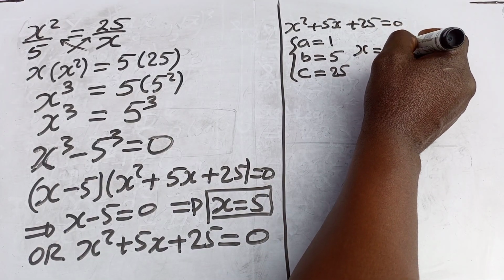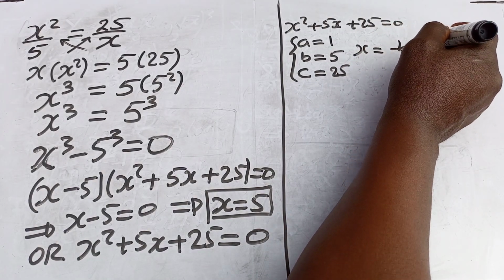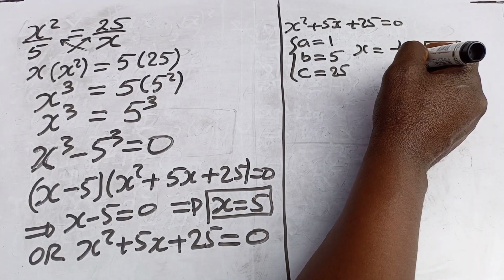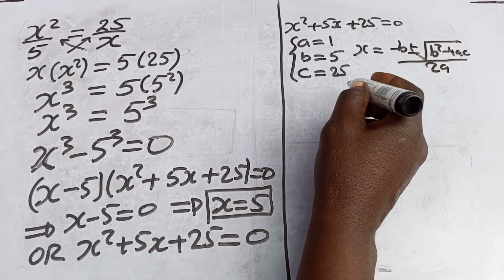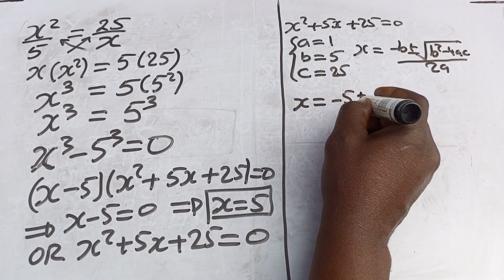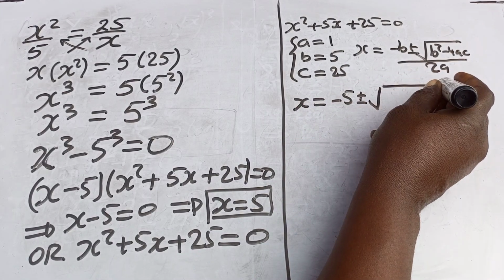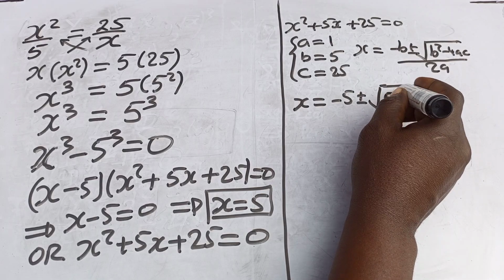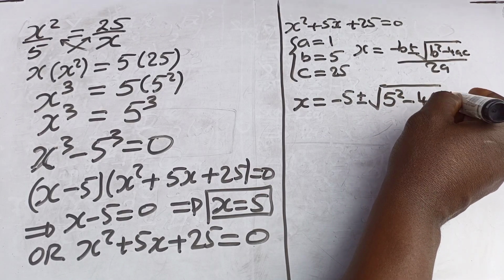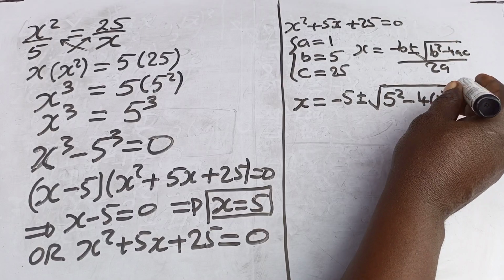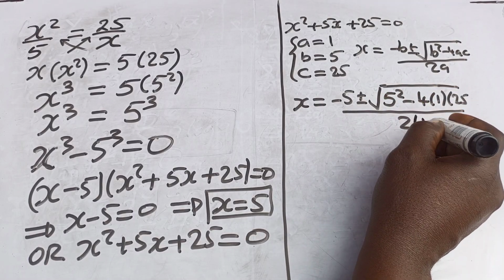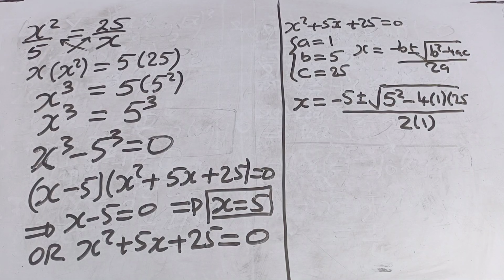Now let's put it in the quadratic formula. x equals minus b plus or minus the root of b squared minus 4ac all over 2a. So x is equal to minus 5 plus or minus the root of 5 squared minus 4 into 1 into 25, all of that divided by 2 times 1.